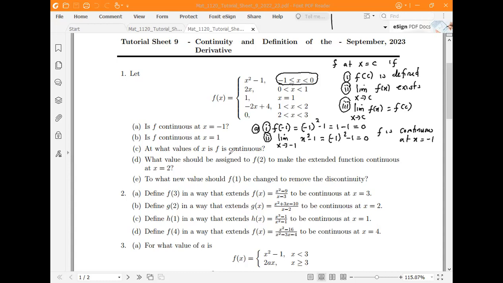And the function becomes continuous if the limit exists and the same limit gives you the same value as f of that number. So here we're looking at x approaching -1. So we want the limit as x approaches -1 to be equal to f of -1. When that is the case, then we'll say the function is continuous there.